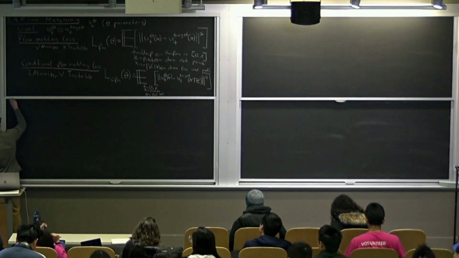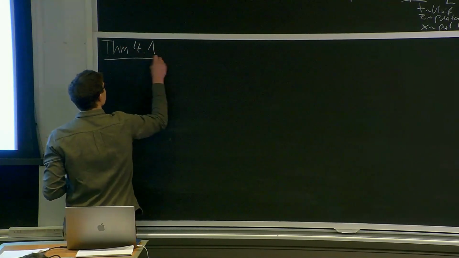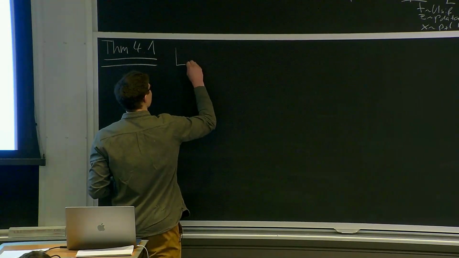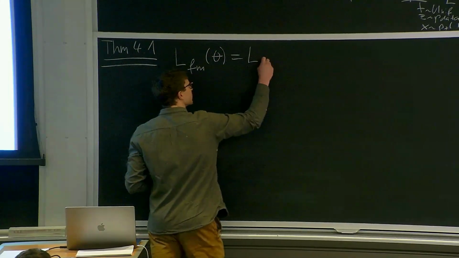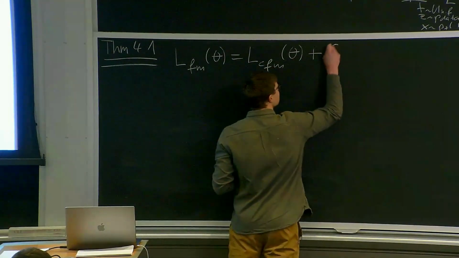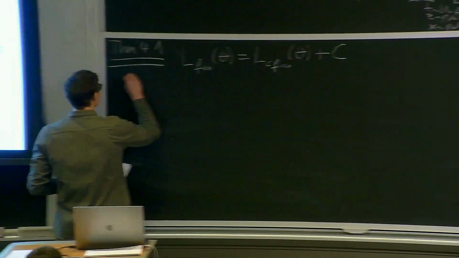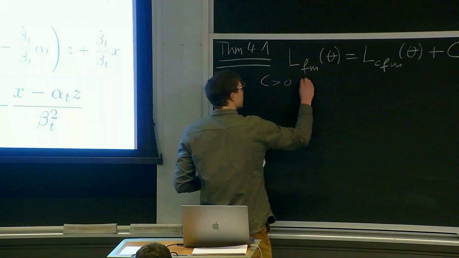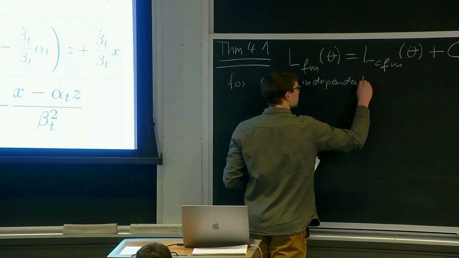Okay, so the theorem of today is: the flow matching loss equals the conditional flow matching loss plus a value c, but this value c is a constant, or is independent of theta.